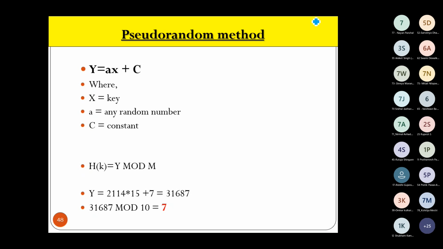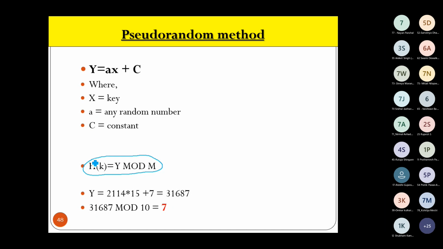Okay, now this is the next method. This is a method in which we are moving ahead randomly by using some equation like this. y equal to ax plus c is the value of y, and our hash function will be written like this, y mod m. So what is the hash function?